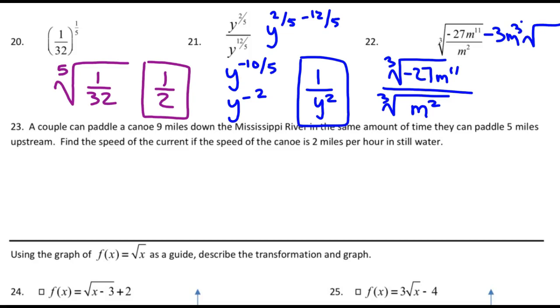And then what's left in there is the cube root of m squared. That's because this breaks up into perfect cube stuff and not perfect cube stuff. Negative 27 is a perfect cube, and m to the 9th is a perfect cube. And then what's left in the non-perfect cube stuff is m squared.